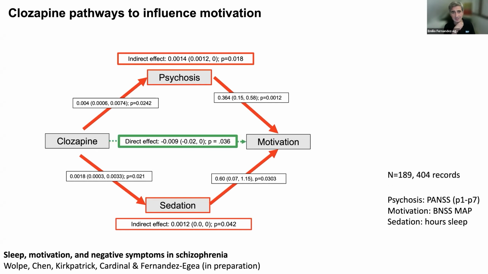And we have found, and this is still a work in progress, that there is some statistical evidence of a clozapine effect directly on motivation, improving motivation, but that also needs to be balanced by the impairment in motivation associated with the sedation and with the other factors. So perhaps that would be an interesting way to assess properly how the medication is working, or any intervention indeed.